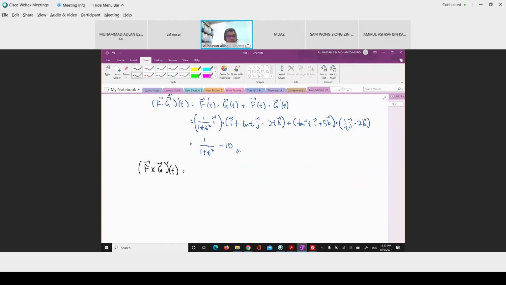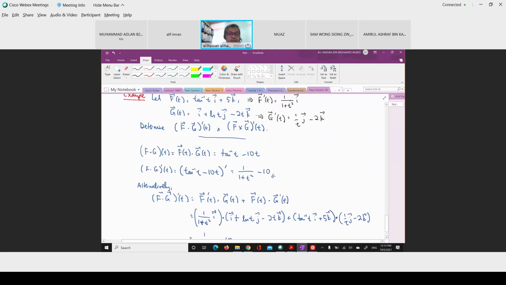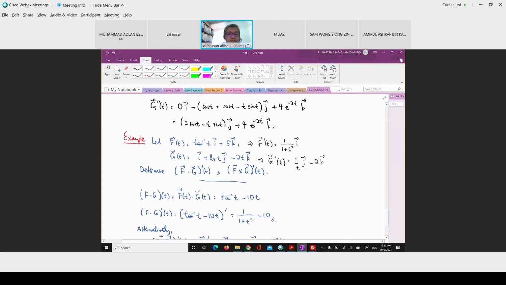So what is f cross g? If we use the first method, we find f cross g first.